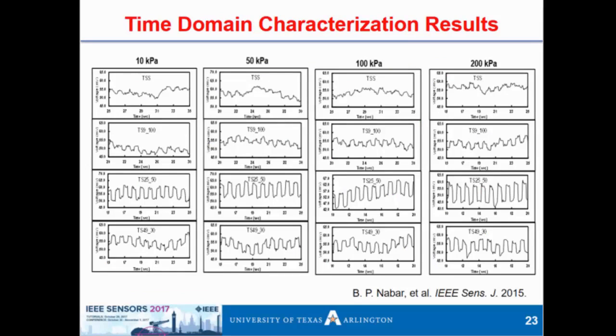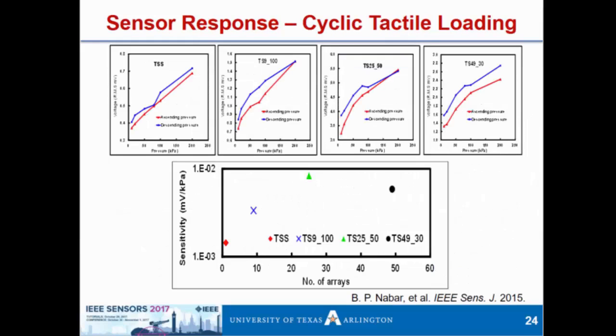And this is done manually, and you can see all of the results in here. So from 10 kilopascals to 200 kilopascals. And when you draw the maximum response as a function of pressure, you get a fairly linear case, and these are different sensor structures with minimal hysteresis, so going up and going down.